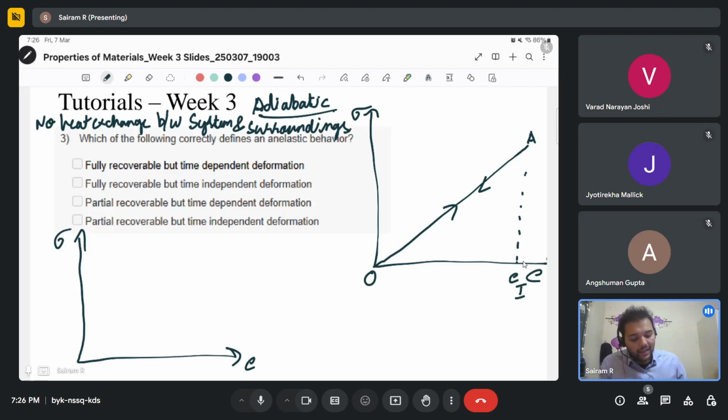Now, under adiabatic conditions, I am inducing a tension stress in my sample. In an ideal condition, the adiabatic tension curve should follow my isothermal curve.